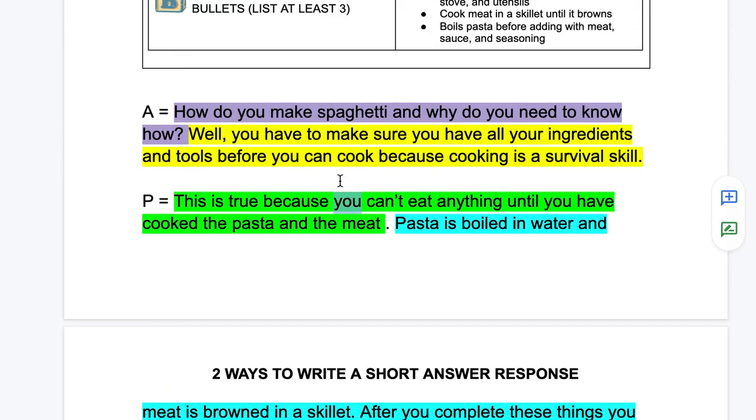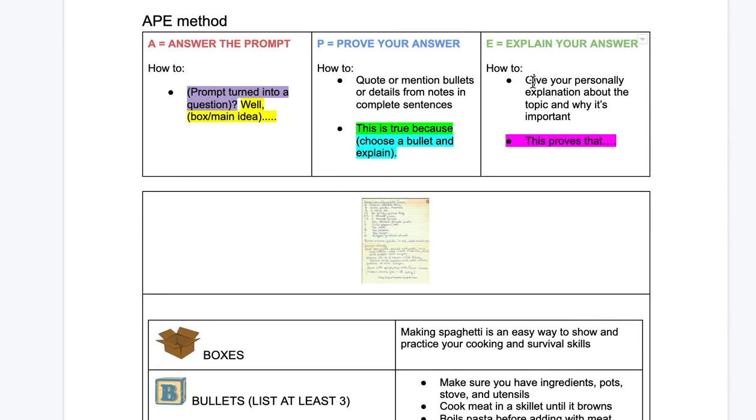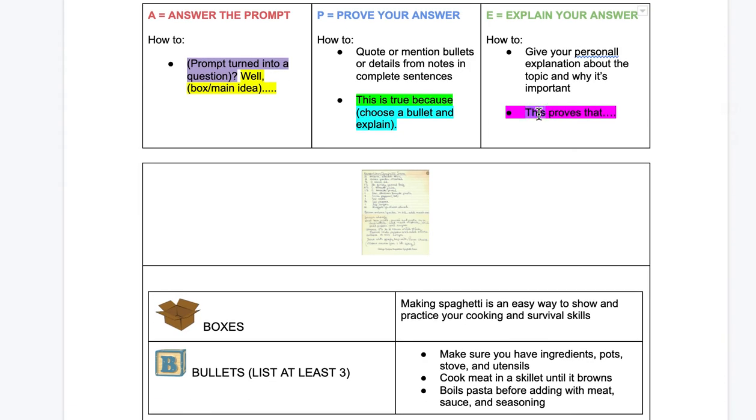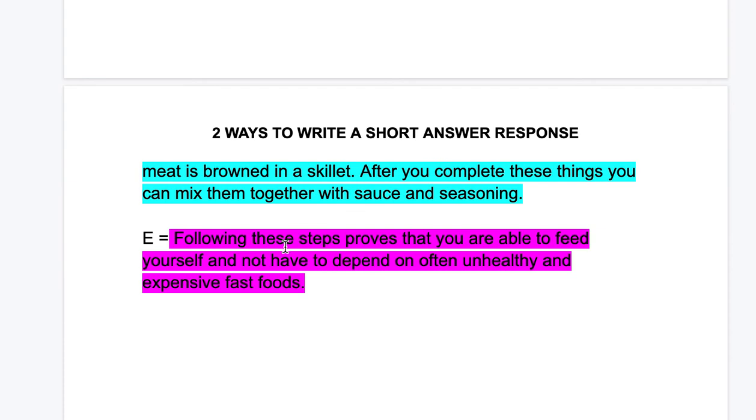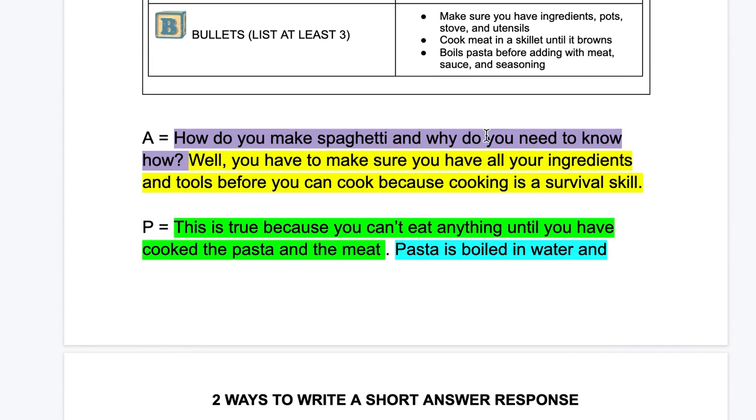And then E in the APE method is to explain your answer. This is where you give your personal explanation about the topic and why it's important. So the sentence starter I'm going to use is "this proves that," okay? And so it's right here. Following these steps proves, so I use the word proves from my sentence starter.